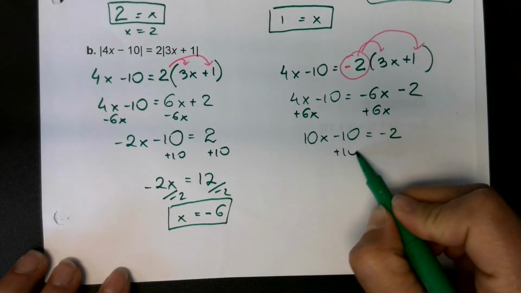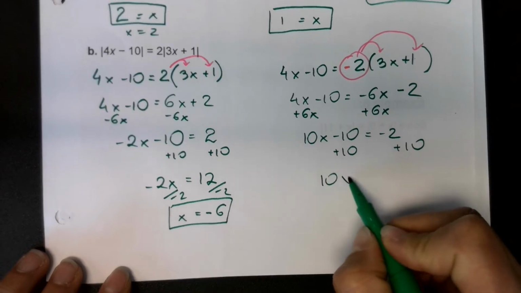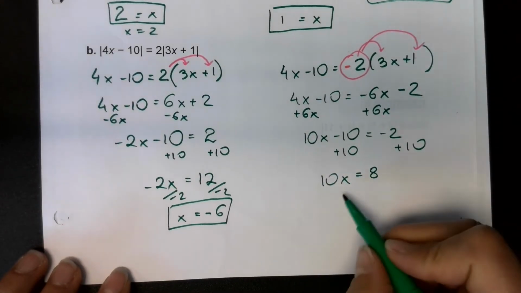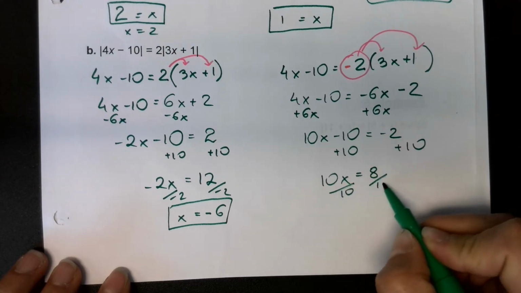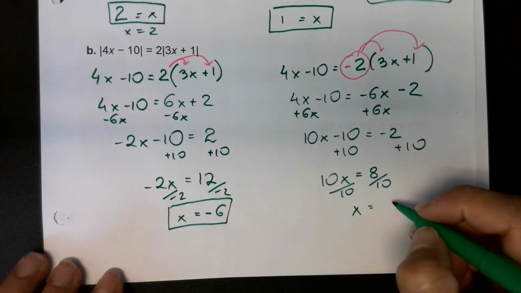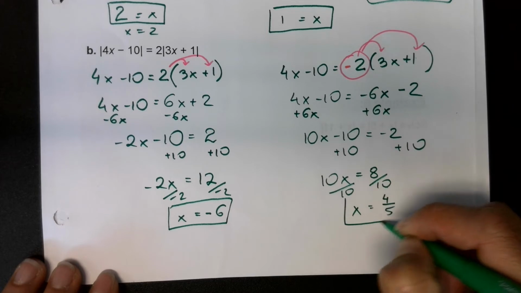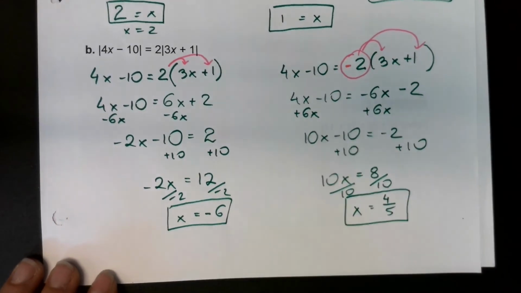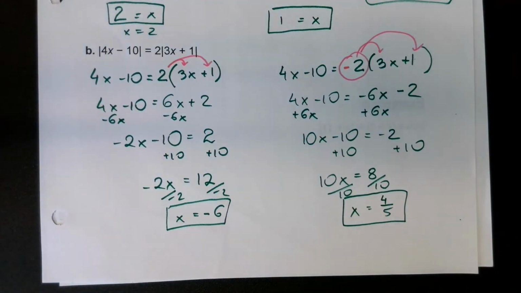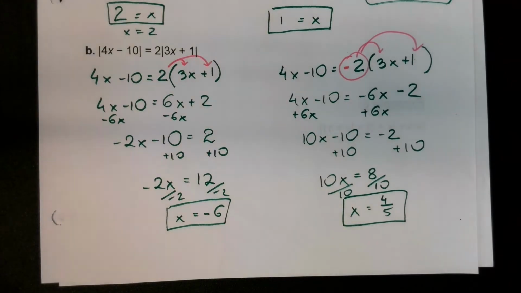Move your 10 to the other side. So 10x equals 8. Divide by 10. x equals, I'm going to simplify by 2, so it's 4 over 5. So here is my second solution, 4 over 5. So two solutions. Think of a number line.